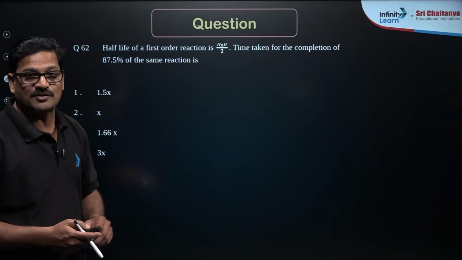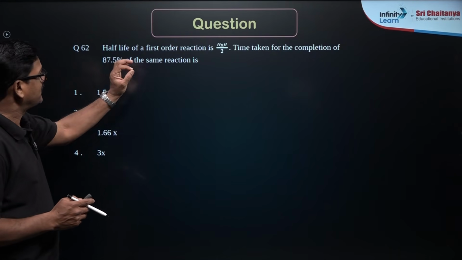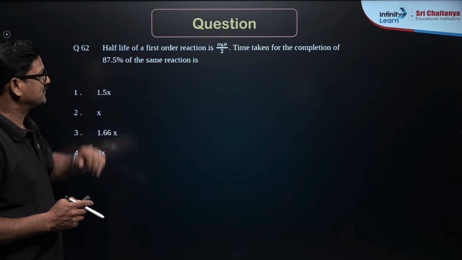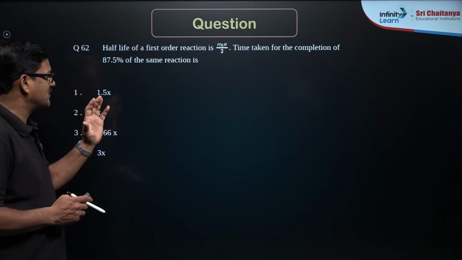Hello students, this is a question from chemical kinetics. The question is asking about the half-life of a first order reaction being x/2. What is the time taken for completion of 87.5% of the same reaction?